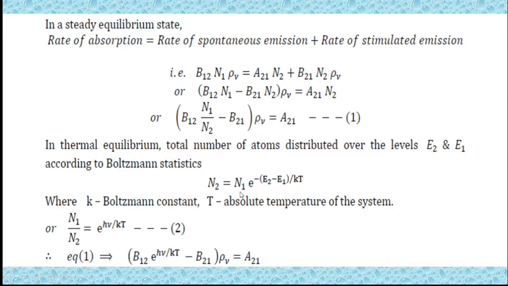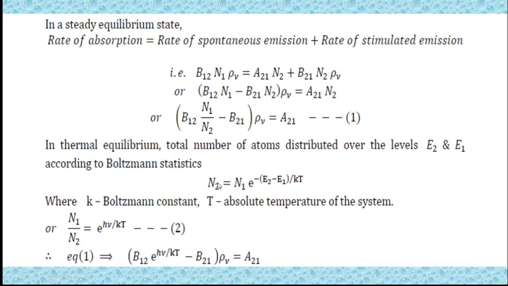That is, number of atoms in the high energy level N2 equals N1 into exponential minus h nu by kT, where N1 represents the number of atoms in lower energy level, and h nu is E2 minus E1, the corresponding energies of levels 1 and 2, where k is called Boltzmann constant and T is called the absolute temperature of the system.